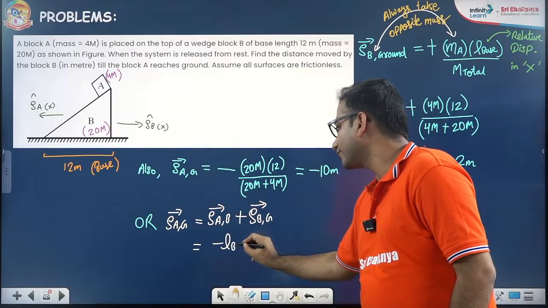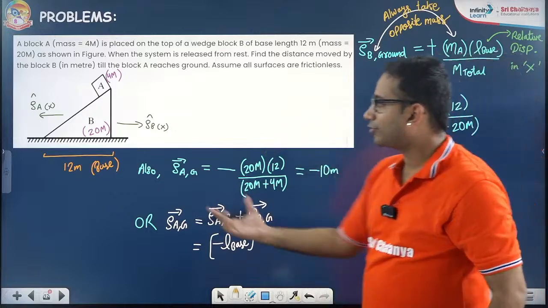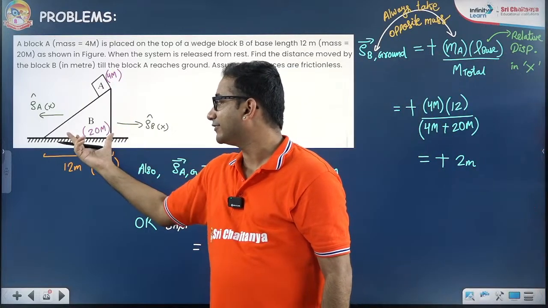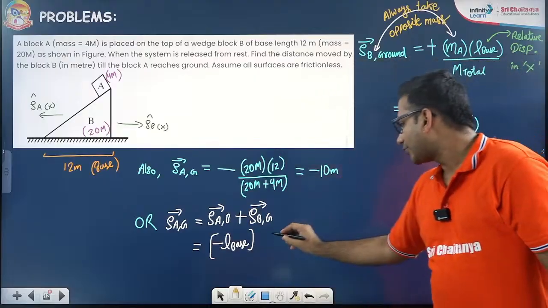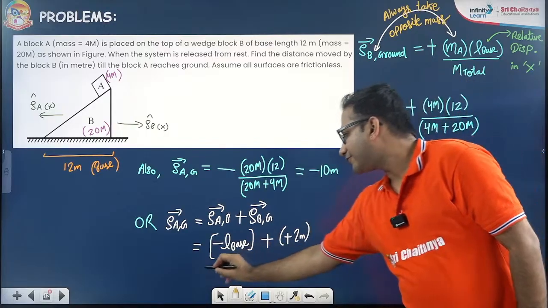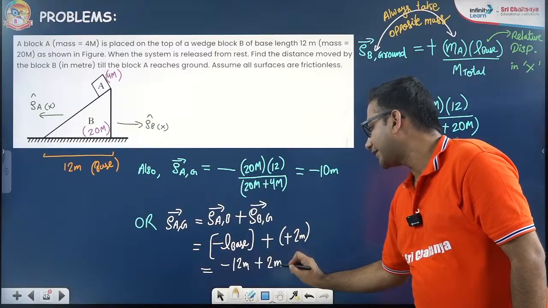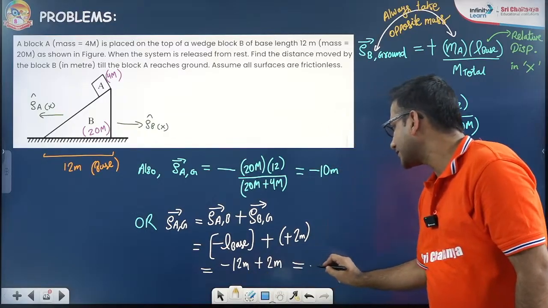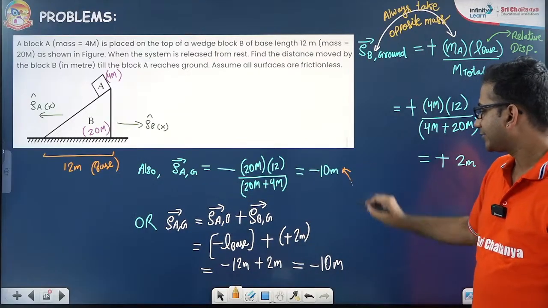Horizontally it has traveled the base length in the negative direction. And the displacement of B over the ground is plus 2 meters. So minus the base length is minus 12 meters, plus 2 meters, and hence the final answer is minus 10 meters. See, you are going to get the same result.